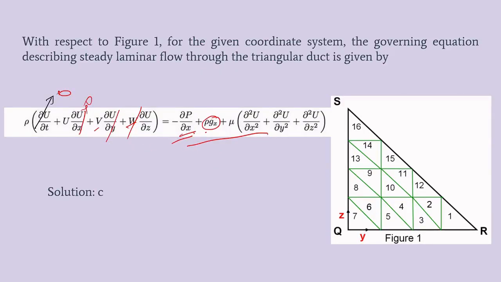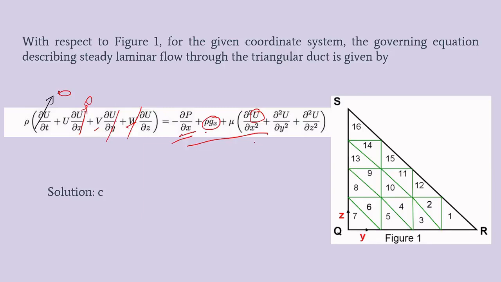The driving force, or the pressure gradient, will be dou P by dou x. Since the flow is fully developed, it won't have variation along the flow direction. It will have variation inside the cross section.